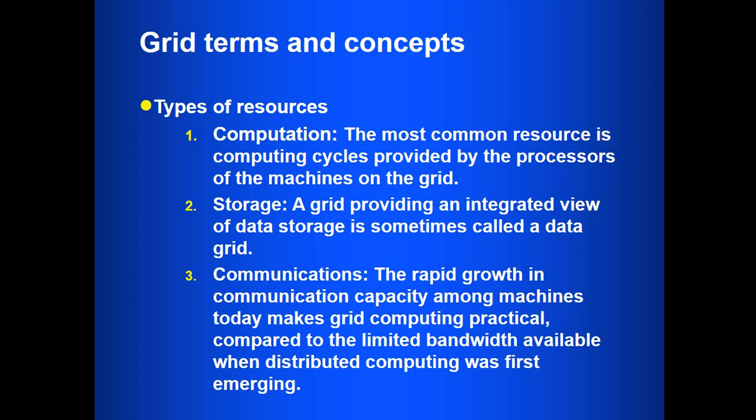Each machine on the grid usually provides some quantity of storage for grid use, even if temporary. Storage can be memory attached to the processor, or it can be secondary storage using hard disk drives or other permanent storage media.